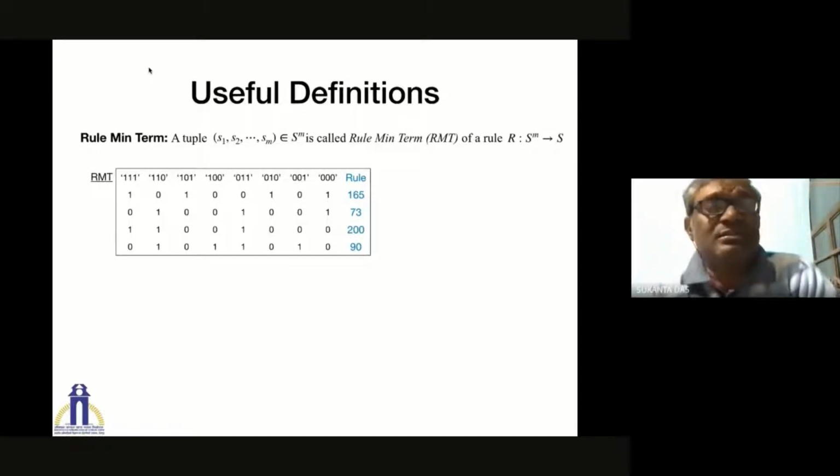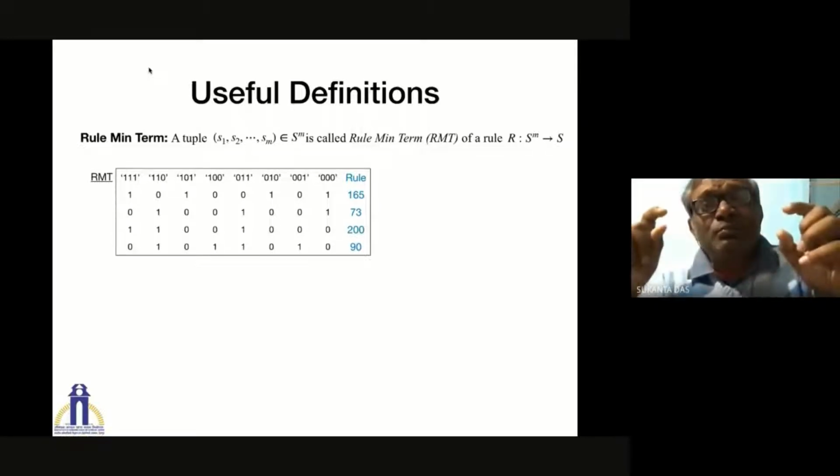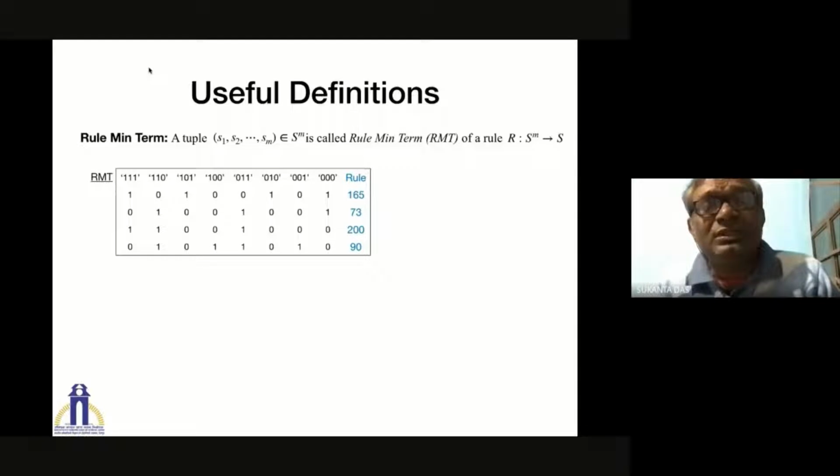The genesis is this: while we consider the Boolean logic, these things, 0, 0, 0, 0, 0, 1, these elements of any function are called a minterm. Classically, while we discuss digital logic, we name them minterm.